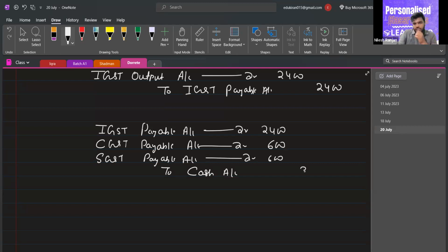It will be 3,600. We will pay this amount to the government.